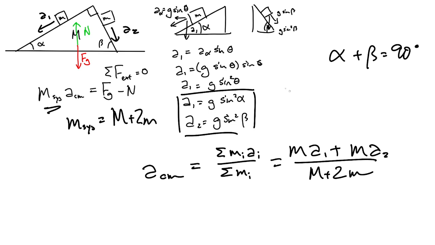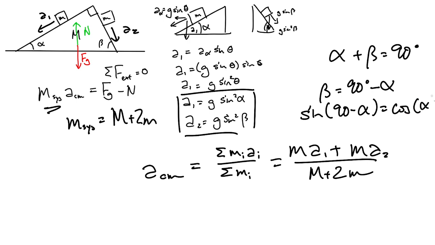That means beta is equal to 90 degrees minus alpha. And we know the proof that sine of 90 minus some angle gives us the cosine of that angle.